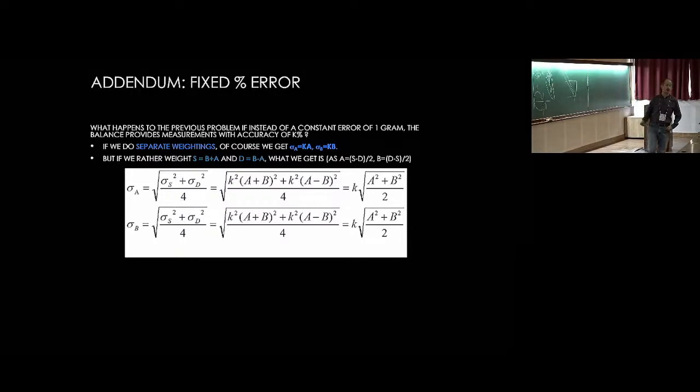But the procedure of getting the sum and the difference has shared equally the uncertainty, because now both are equal to k times the square root of the two objects squared divided by 2. So basically, instead of having kA and kB, here you have the square root of these squares.